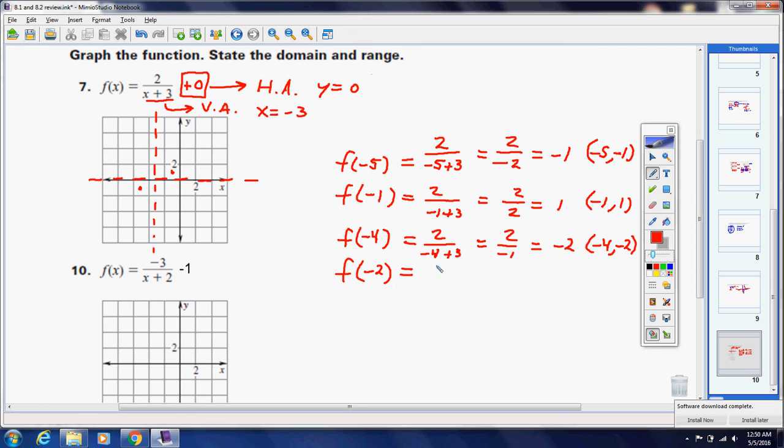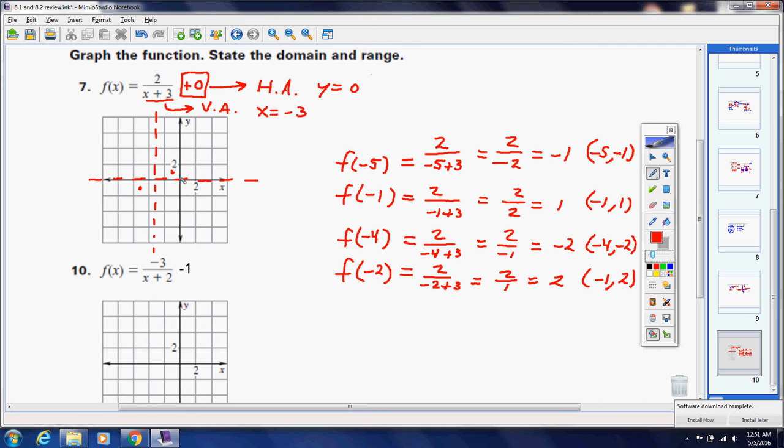Here we're plugging in negative 2 for x, so this is going to be 2 divided by 1, which is going to equal 2. So when we plugged in a negative 2, we ended up with a y value of 2. So there are 2 more points that we can plug in on this.